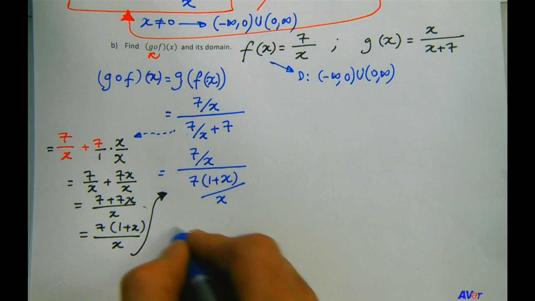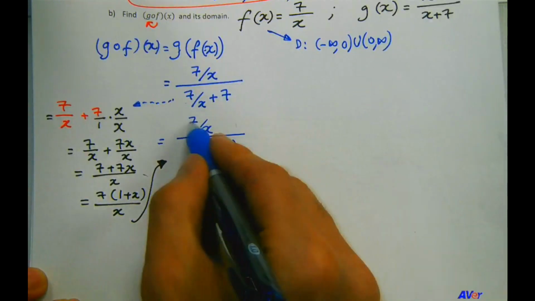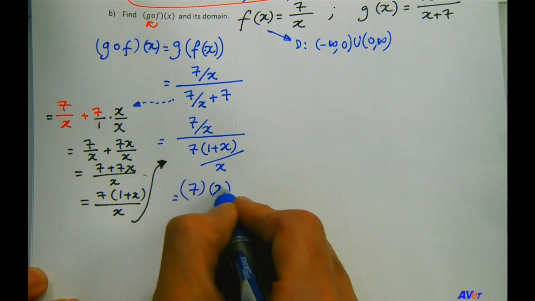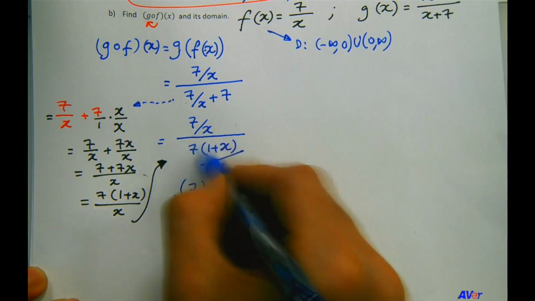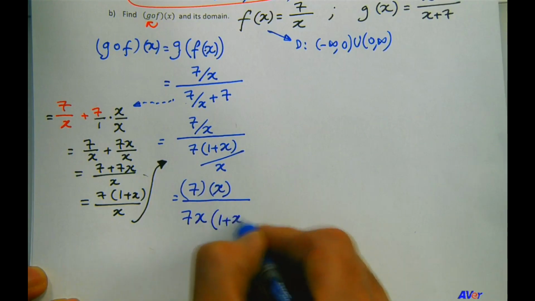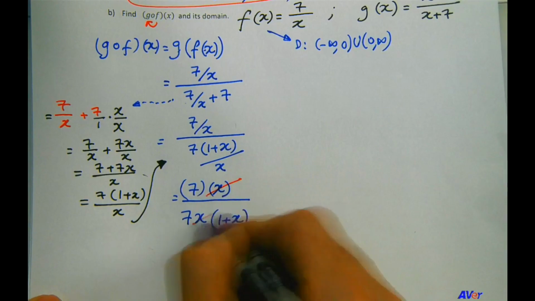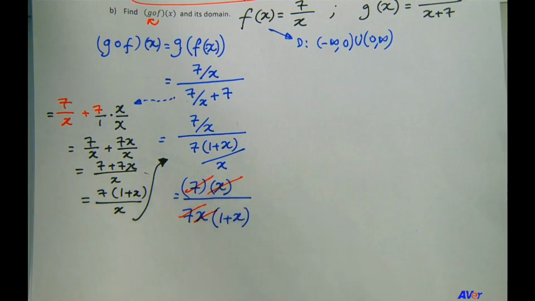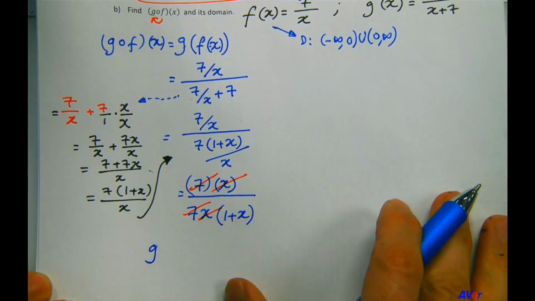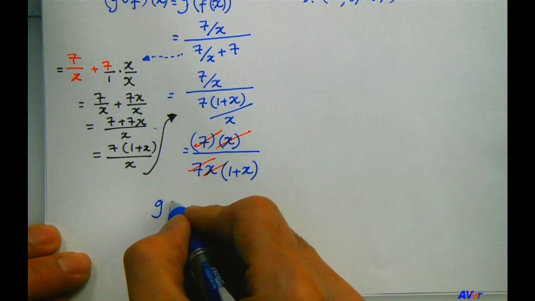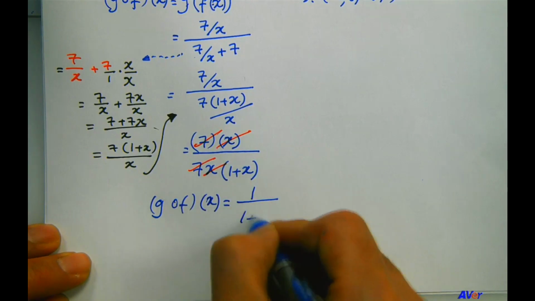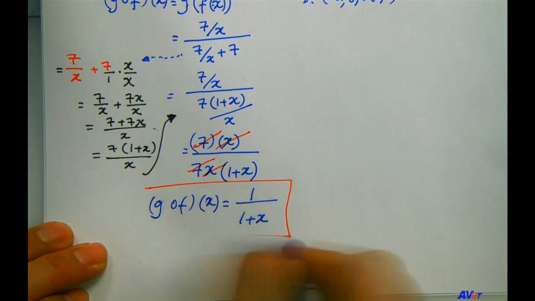Okay, so the way to simplify this is take the product of the farthest terms from each other, so 7 times x, and put it in the numerator, and take the product of the nearest terms and put them in the denominator, like that. So x and x cancel out, 7 and 7 cancel out. So the composite function, G composition f in x, is equal to 1 over 1 plus x, right? That's the composite function.